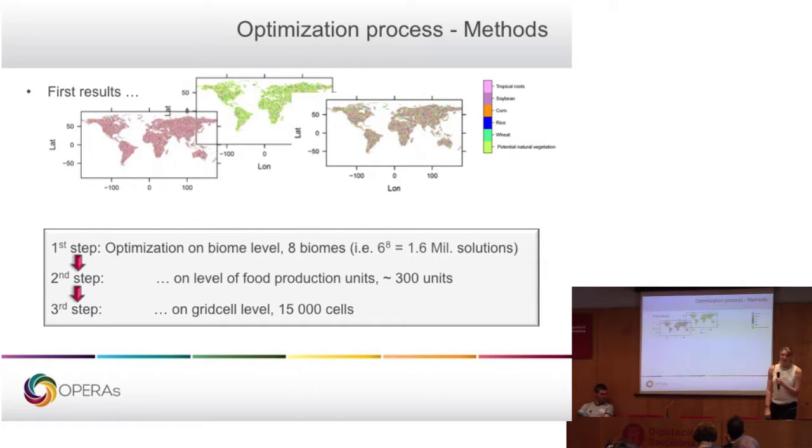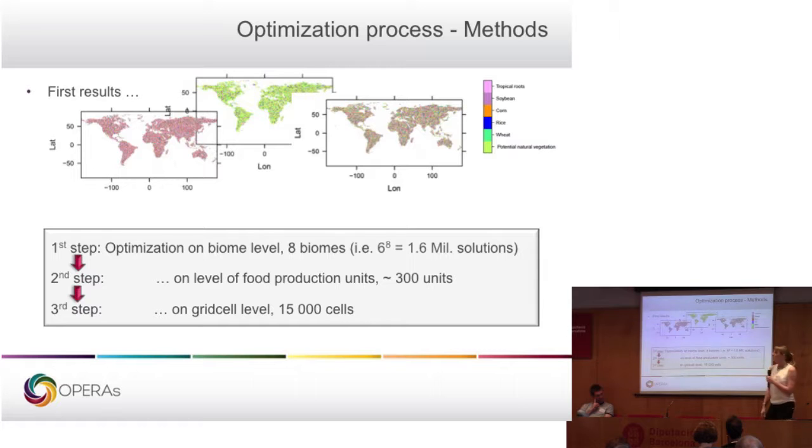This is how we started, and these were examples of first results. Surprisingly random. That was an optimization after 4 days, roundabout. So we saw, okay, if we optimize on grid cell level from the beginning, it's not going to work. It could be that we have to optimize forever.